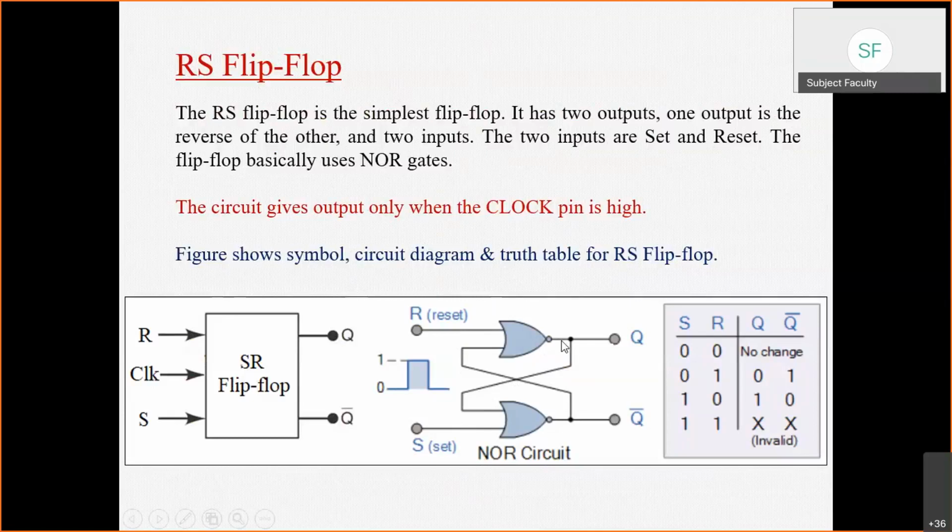But if you observe the circuit using a NAND gate, then there will be some changes in the truth table. We will see how it is working. But just remember that if you are studying the circuit with a NAND gate, then there will be some changes in the truth table.